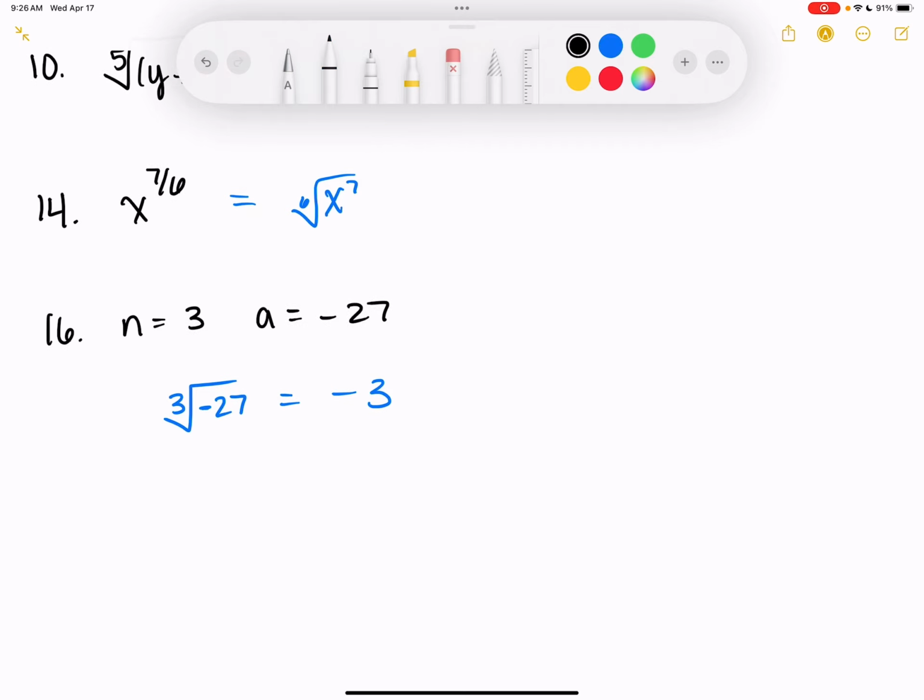18, n is 3, a is 343. So I've got the cube root of 343. Anybody know what that is?